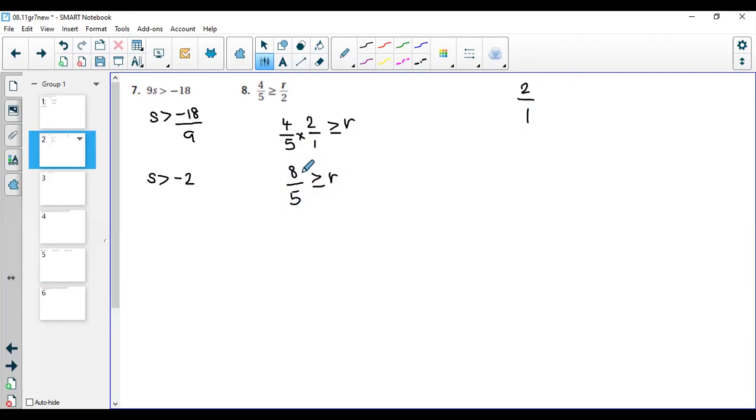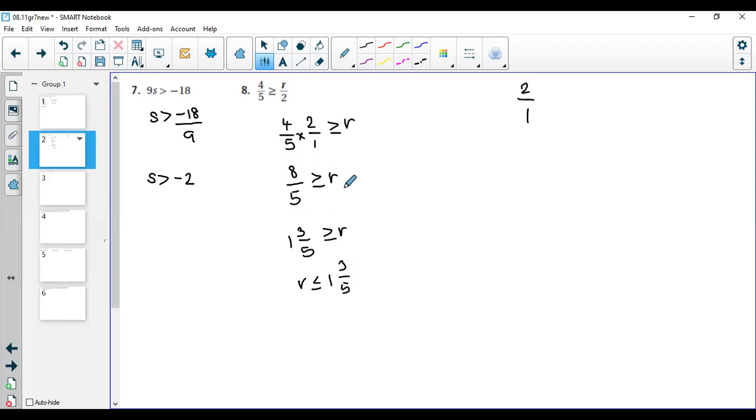Now, if you can see, this is not a proper fraction. It's fine to leave it like that if you're graphing, but if you think you need to change it, you're going to change it into a mixed number. To change it into a mixed number, you have to divide 8 by 5. That will give you 1 and 3 over 5 is greater than or equal to r, or r is less than or equal to 1 and 3 over 5.